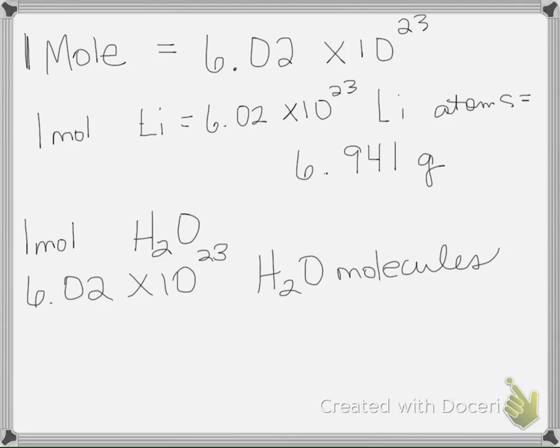I just take the mass numbers from the periodic table, multiply them by however many I have in the formula, and add them up. Last week we were working in terms of AMUs, atomic mass units, but this week we're working in terms of moles and grams. So a mole of water, do you see that that would be 18.02 grams of water?